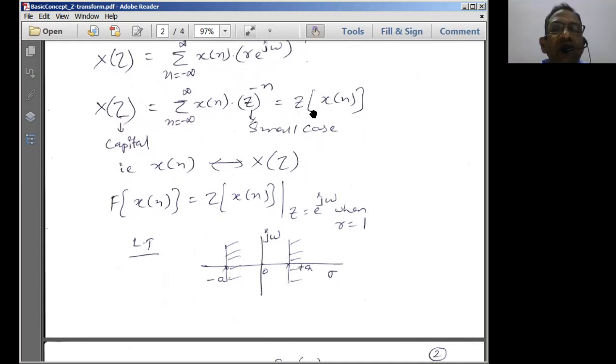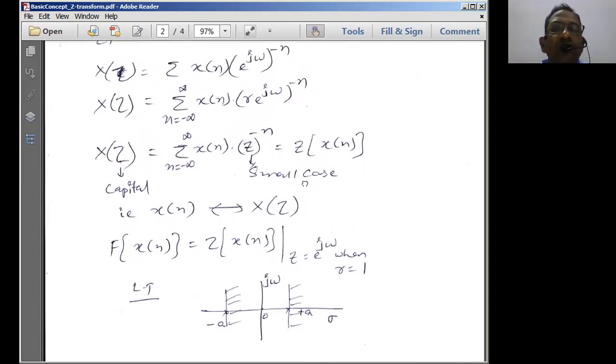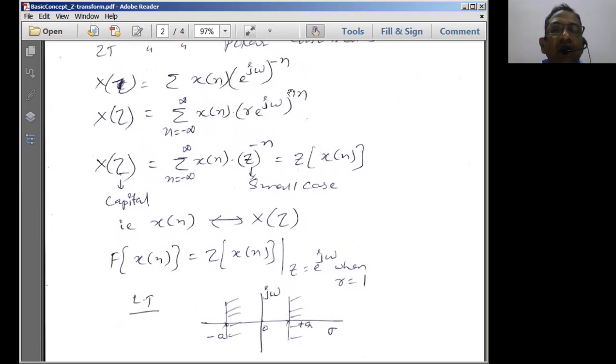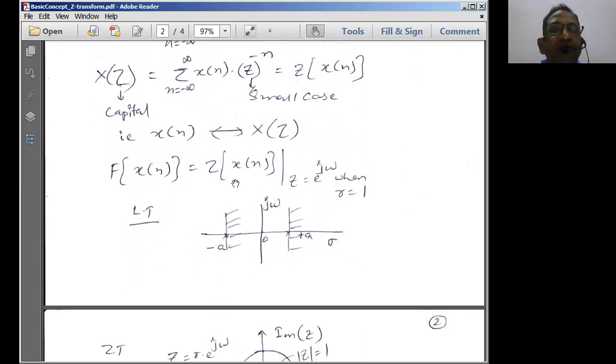Now this I can write as the Z transform of x of n. So this is the general representation where I can write z is equal to r into e to the power jω, where z is nothing but r into e to the power jω represented in polar coordinates. So therefore, x of n forms a Z transform pair with X of capital Z. So the Fourier transform of x of n becomes equal to the Z transform of x of n, provided z becomes equal to e to the power jω when r is equal to 1.